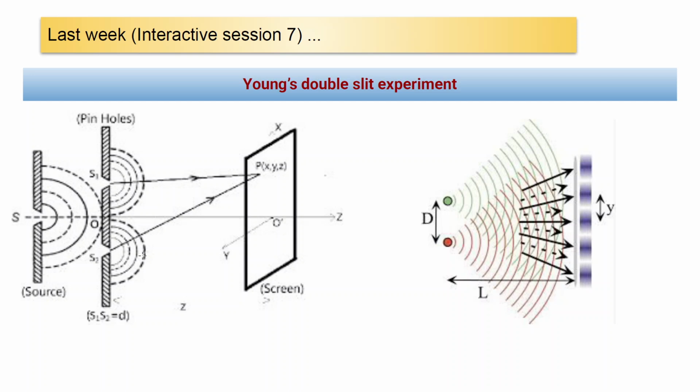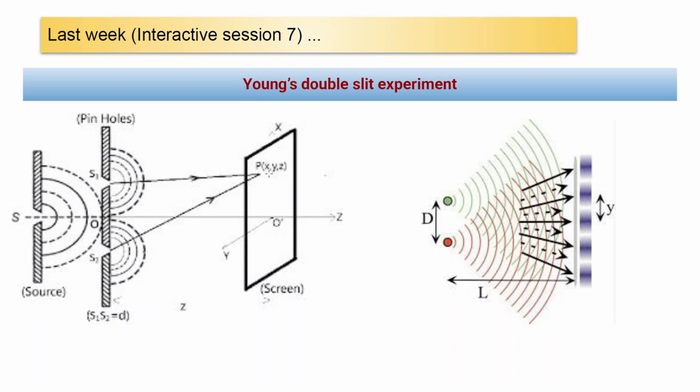So Young's double slit experiment talks about the same thing. We have one hole like this, and through this we take light coming, and then after this if we put a screen or barrier with two holes, then through these two holes we'll get two sources of light or wave. When we generate two sources of light in this way, they will be coherent.